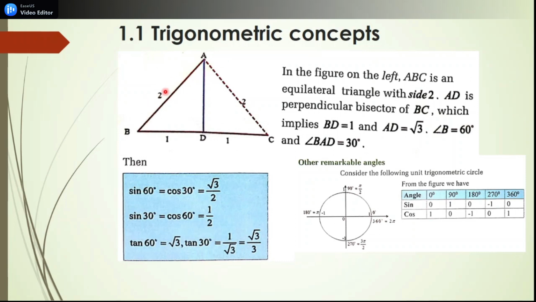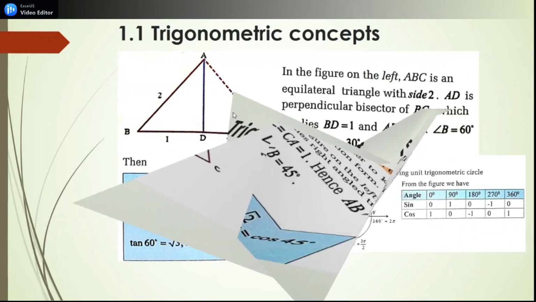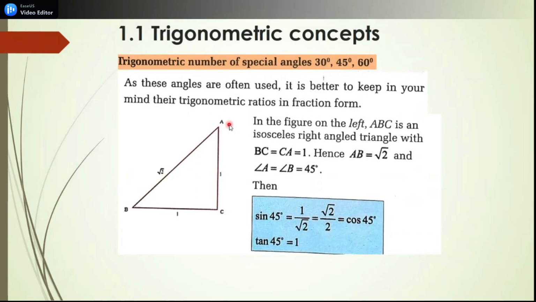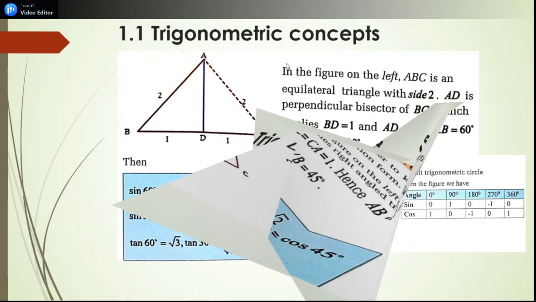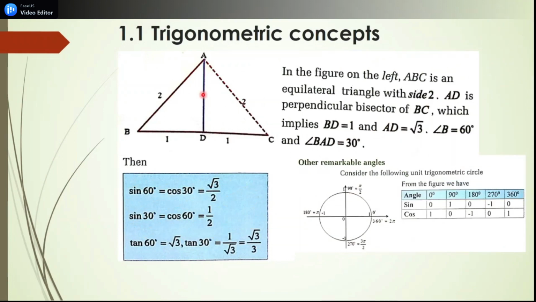Here you have 2. This side you have square root of 3, meaning cosine of 60 and sine of 60 here.